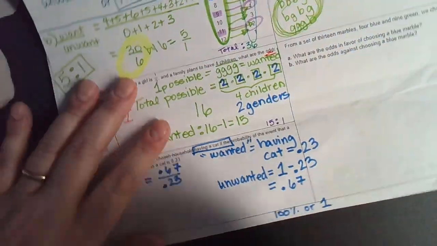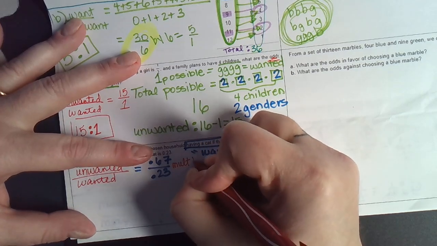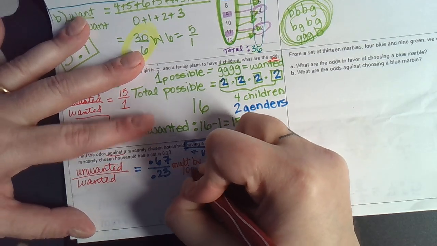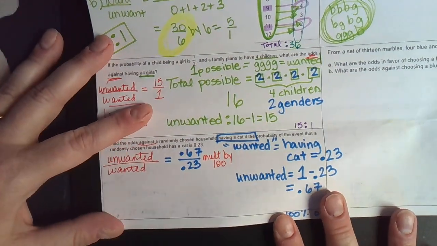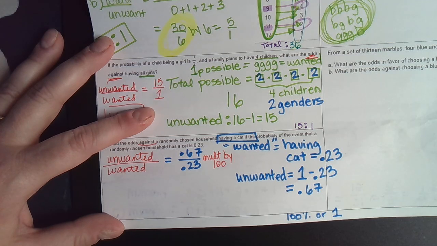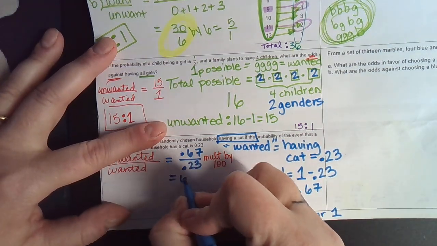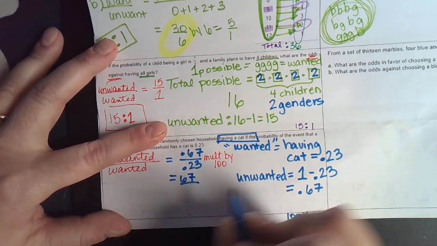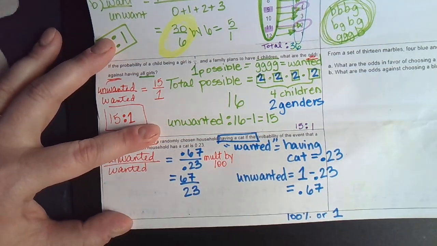We're going to multiply by 100 here. And what that'll do is it'll get rid of these decimals. So let's say 0.67 times 100. And it got rid of my decimals. It gave me a 67. And then 0.23 times 100 is 23.